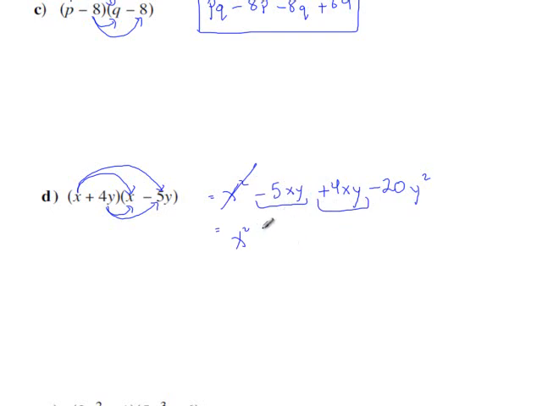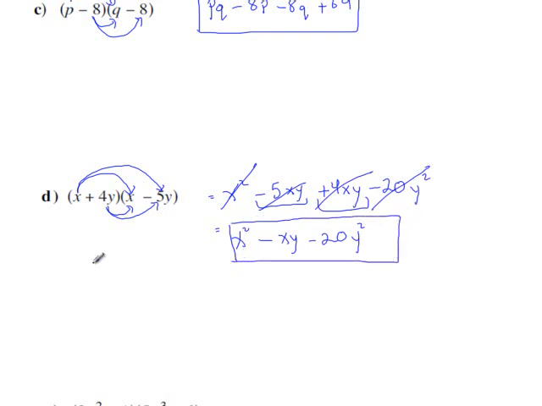Negative 5 plus 4 is negative 1, or in other words just minus xy. That's done. And then you have a negative 20y squared. And that's done. So there's your final answer: x squared minus xy minus 20y squared.